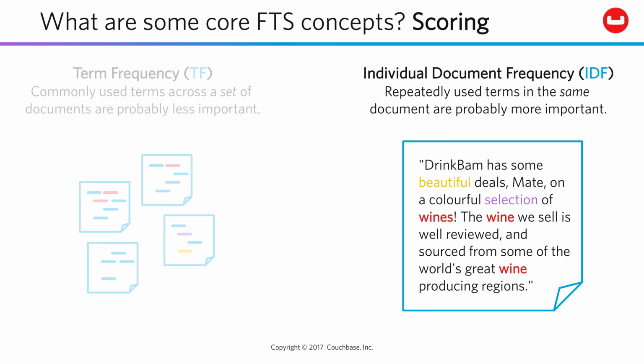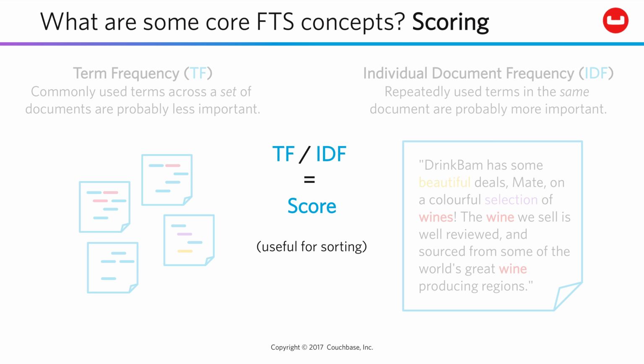The more often a word appears in the same document, the more likely that term is important within that particular document. Well, you run some math over these values, and you end up with a score evaluating the relative importance of each hit in your search results. These scores are then used to sort your hits, at least by default, with the most important result appearing first.